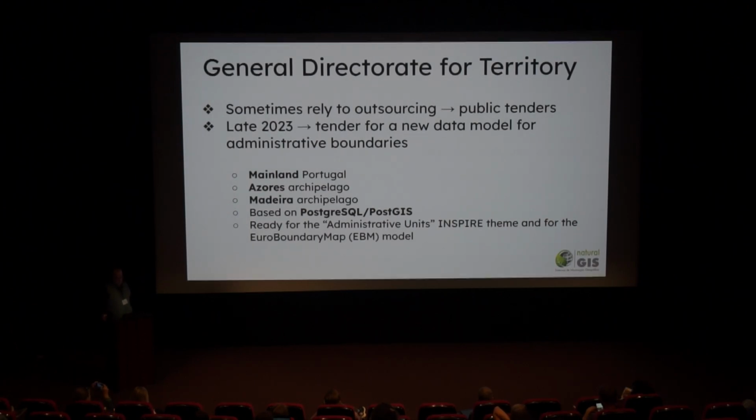In this tender we were asked to create this new data model, including mainland Portugal, but also Azores and Madeira archipelagos. It had to be based on PostGIS and had to be ready to produce outputs following the INSPIRE directives and also the EuroBoundaryMap model.